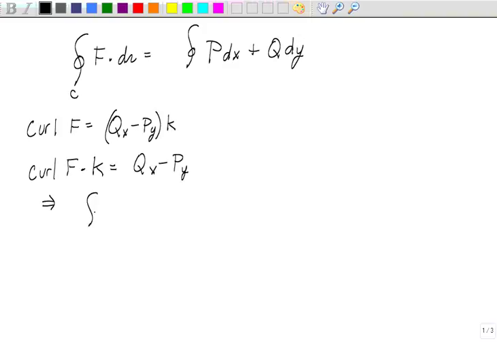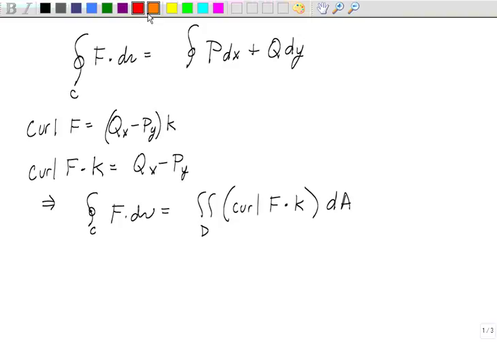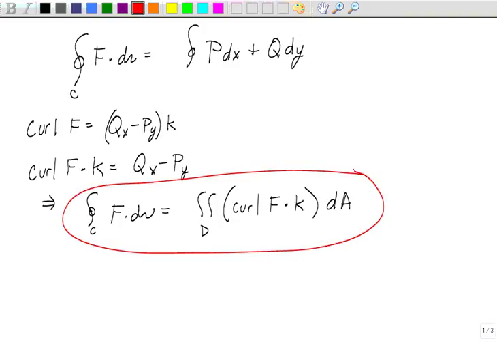So we can say the line integral of F dotted with dr is the double integral over D of the curl of F dotted with k dA. So that's our new result.